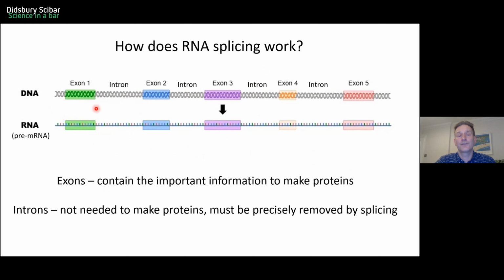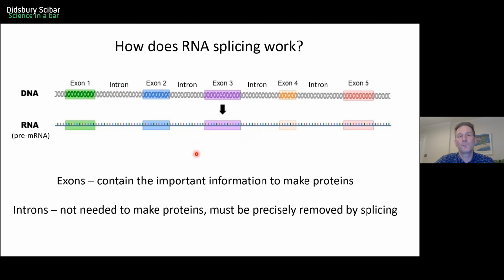And those exons are interrupted by things called introns. So bits of DNA or bits of RNA that are called introns. And the information in the introns isn't needed to make the proteins. So these introns here, one there, and one there, all these introns need to be removed.